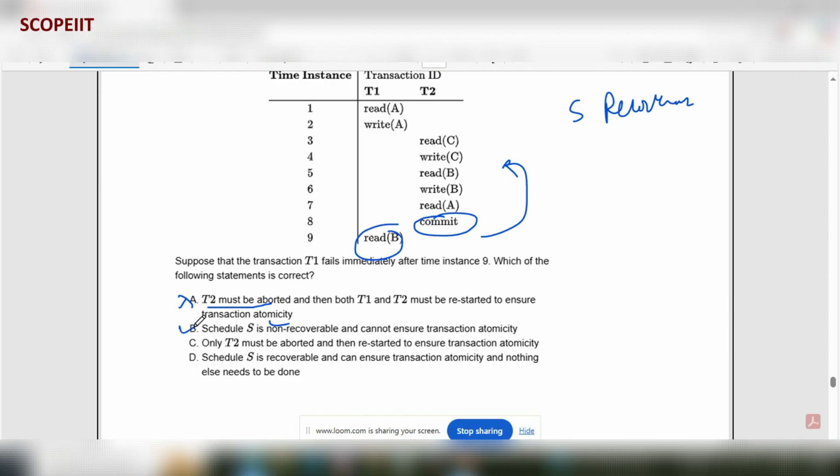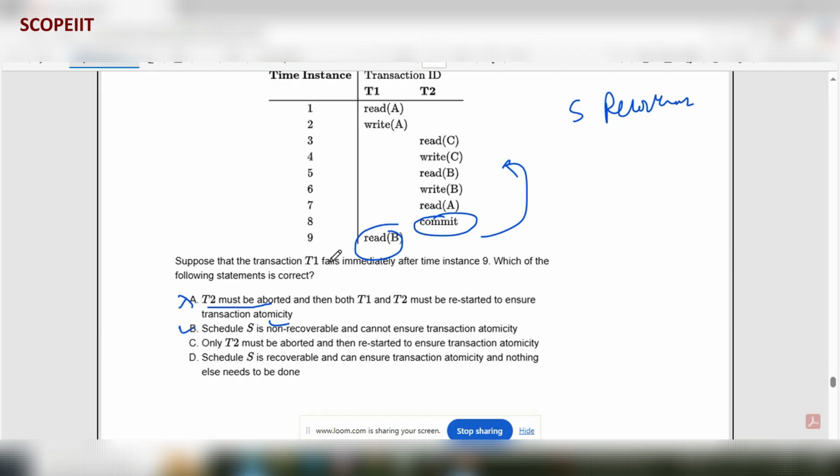One more thing, I want you to make a note about atomicity, because you may get confused with the word atomicity. Here this schedule is non-recoverable. As it is non-recoverable, that means it is also not atomic, since it leaves the database in an inconsistent state.